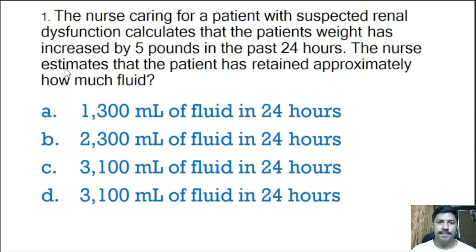So the first question: the nurse caring for a patient with suspected renal dysfunction calculates that the patient's weight has increased by 5 pounds in the past 24 hours. The nurse estimates that the patient has retained approximately how much fluid? In this question, the weight increase is given in pounds: 5 pounds in the last 24 hours.